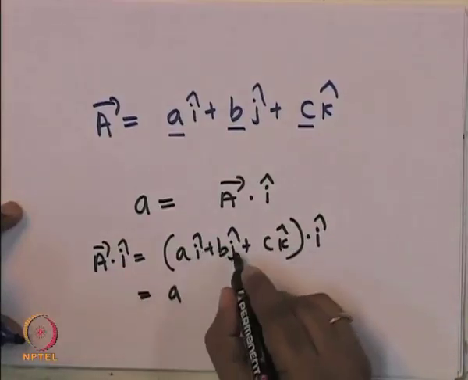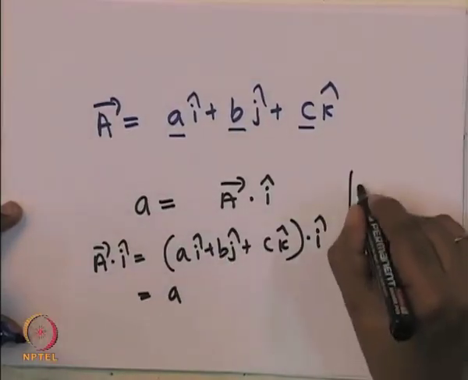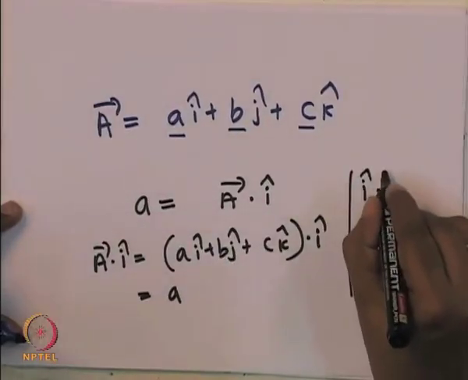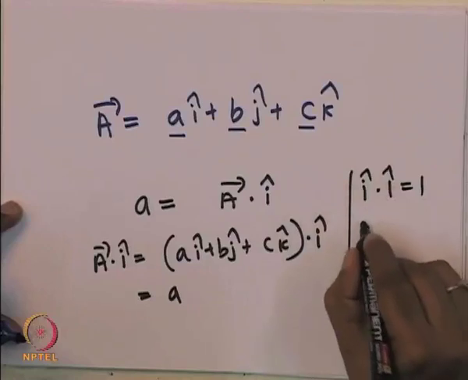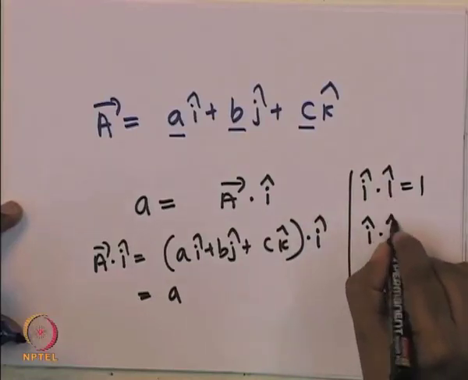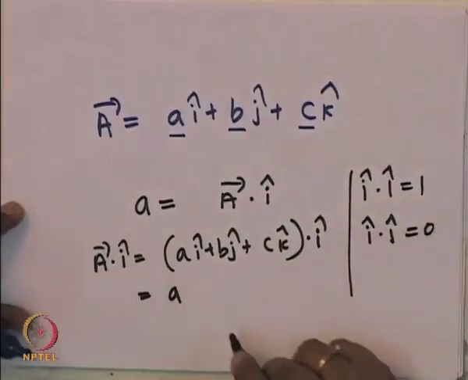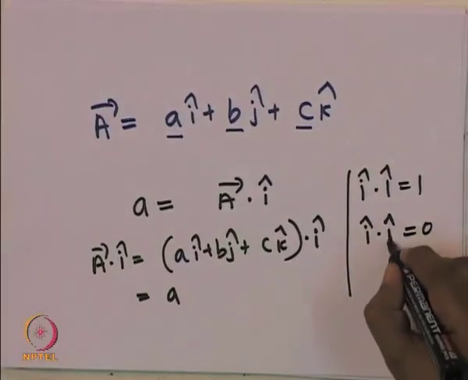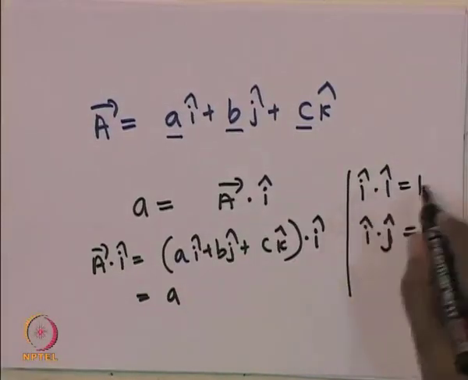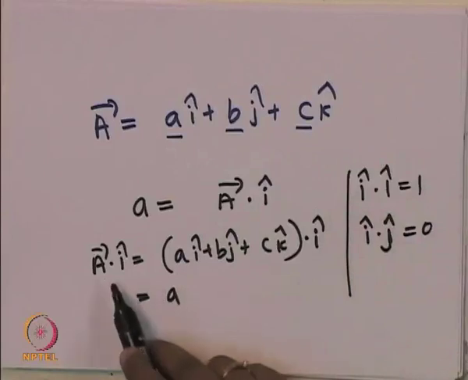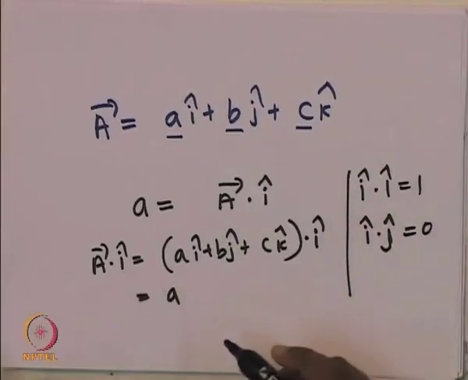So this is A, and i dot j is 0. We use the property that i dot i is 1 and i dot j is 0. Using this property we can write A dot i is A.